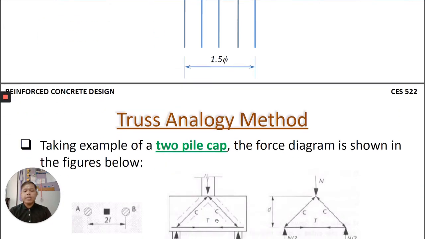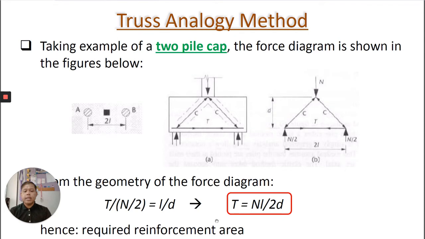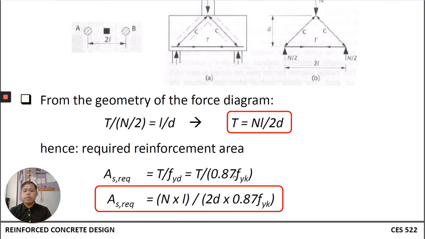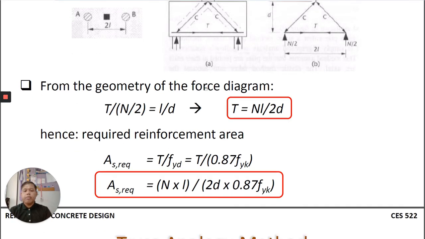Okay. On the truss analogy theory, here are the things that I said. So taking the example of a 2 pile cap, the force diagram is shown in this figure below. So here is only for a 2 pile cap. Therefore, from the geometry of the force diagram, T is equal to NL over 2D, where L is the distance between the piles.